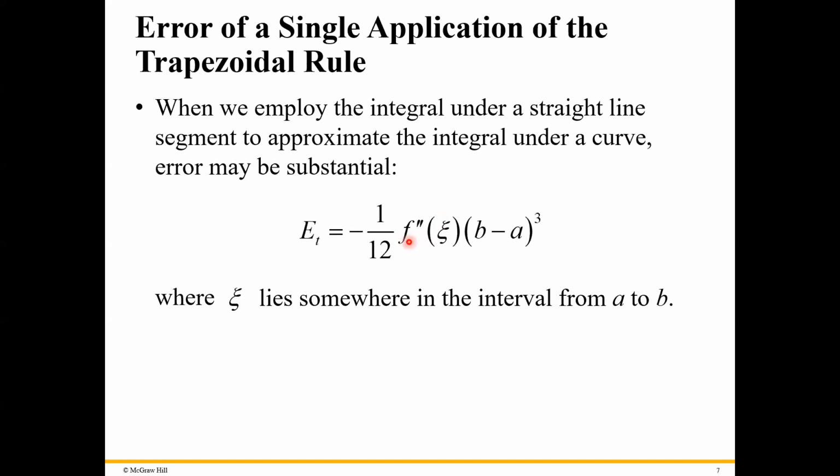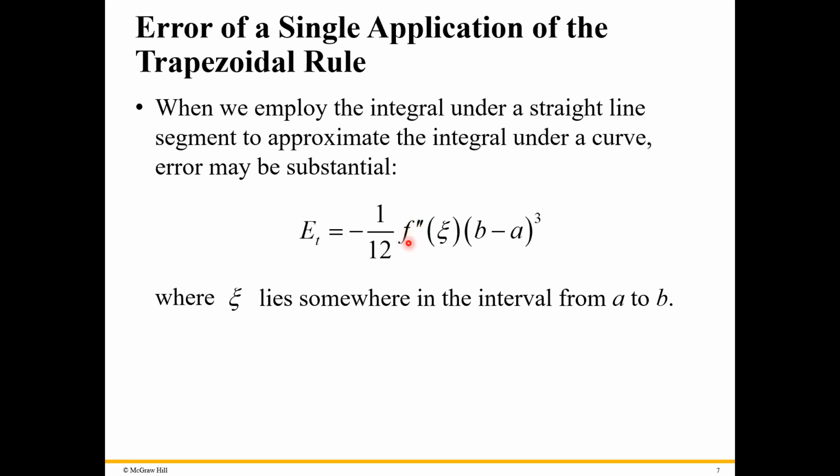If you look at this formula, you can see that it has a second derivative. In the trapezoidal rule, we represent the function by a straight line. So if our function is a first degree polynomial, then f double prime will be 0.